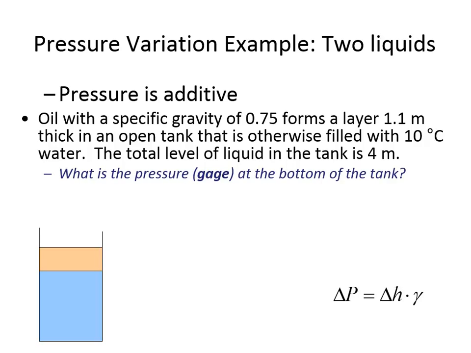Yeah, there is water someplace, but between 1 and 2, the fluid is oil. So we'll put in the unit weight of the oil, 7357.5 newtons per meter cubed. Okay, so the total pressure at 2, 8093.25 pascals.